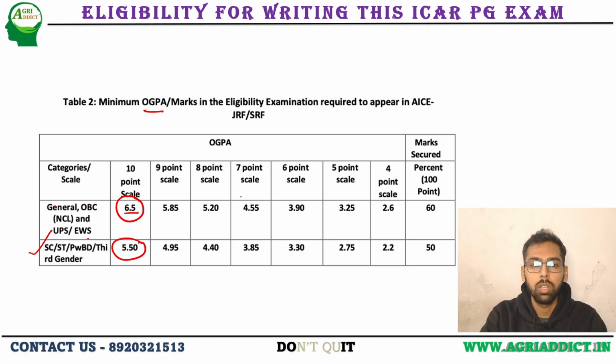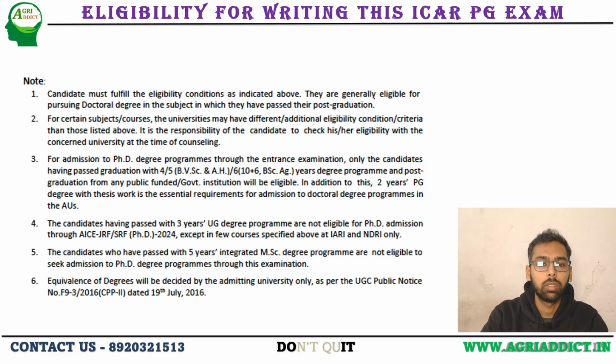If your university provides it in terms of percentage, you need to have more than 60% or more than 50% for the respective categories. So this is the detailed eligibility criteria. As we have discussed, you need to have an MSc degree with minimum OGPA.